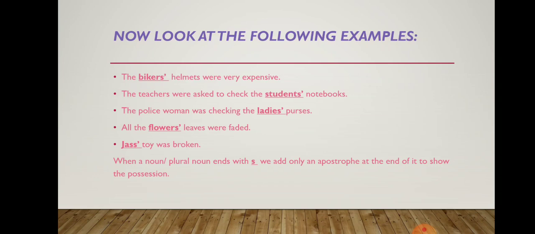When a noun or plural noun ends with S, we add only an apostrophe at the end of it to show the possession. So we noticed that for the nouns which are already ending with S, we are not using S again, but only the apostrophe sign.